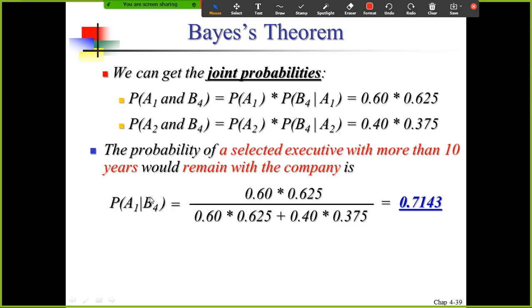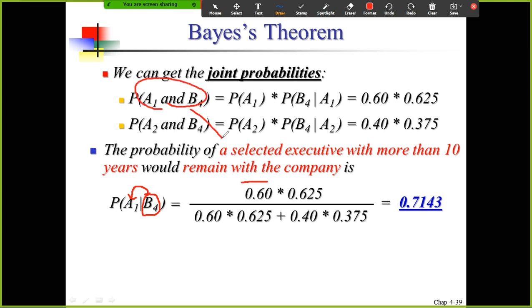So among those with more than 10 years, executives who say yes, remain with the company. This is called Bayes' theorem, using the posterior. This is the posterior probability: among executives with more than 10 years, the ones who say yes, remain with the company. So we take the joint probability of saying yes and more than 10 years, divided by the total.